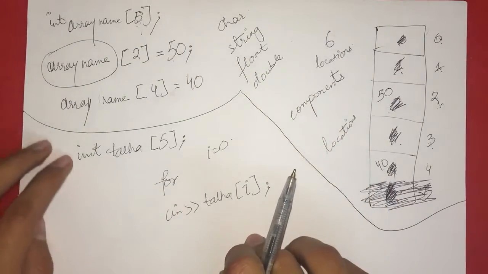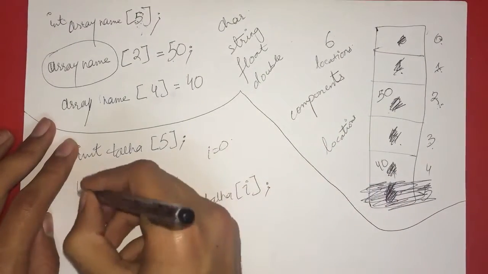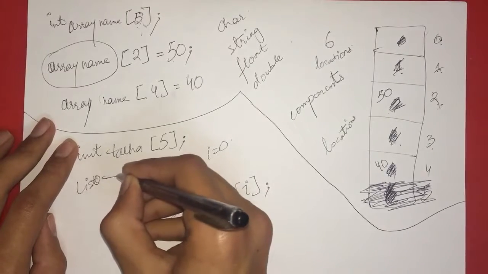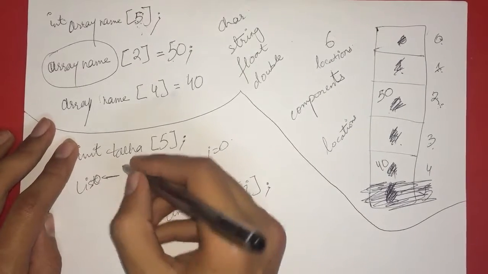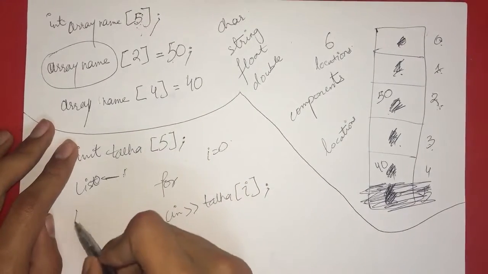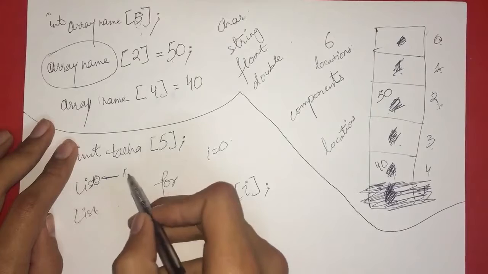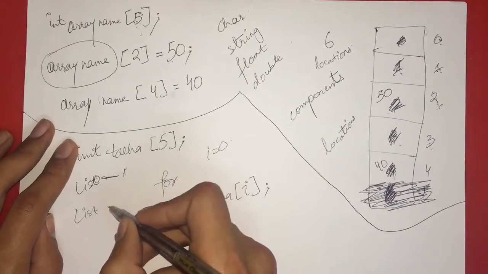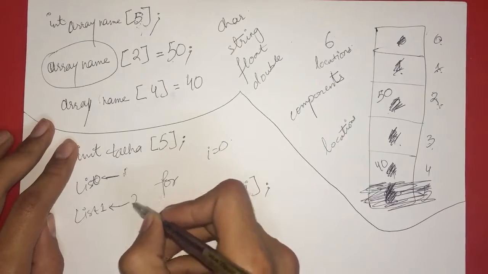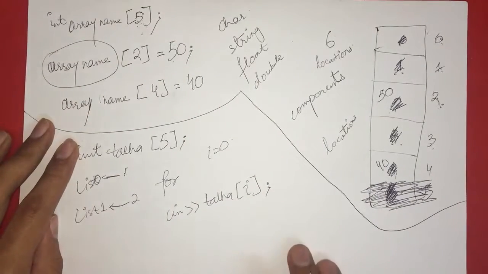And then you had to output, for example, list 0 equals your first number, the first component, and list 1 would be your second component, and so on and so forth.